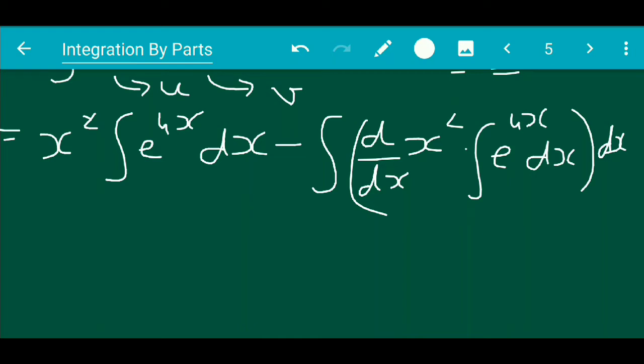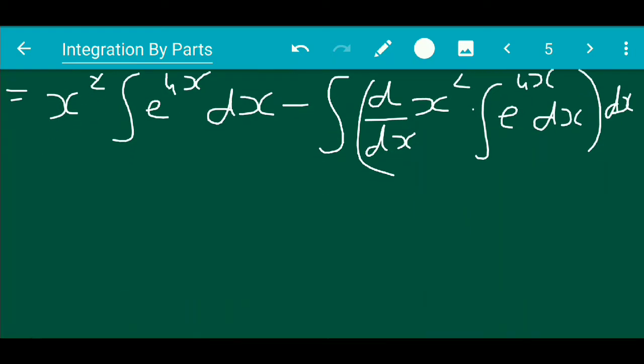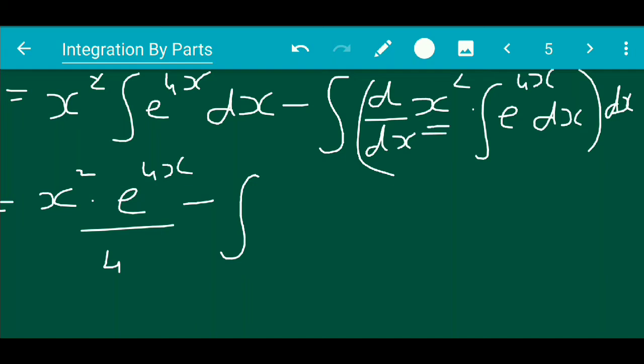Now upon writing this, going to the next step, we have the first term is solved here itself, that is x square into the integral of e raised to 4x becomes e raised to 4x upon 4 as you know by now, minus d dx of x square, this x square becomes 2x into integral of e raised to 4x becomes e raised to 4x upon 4.